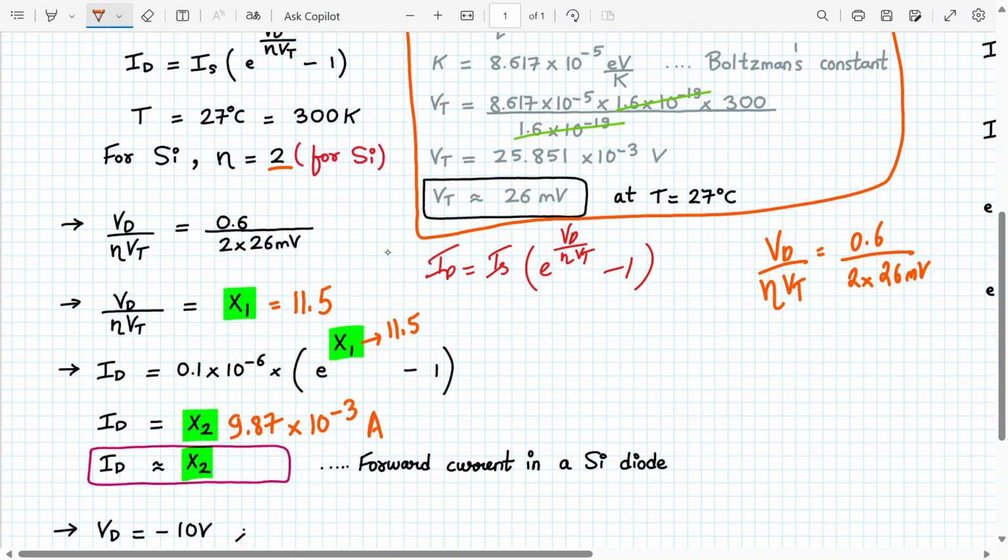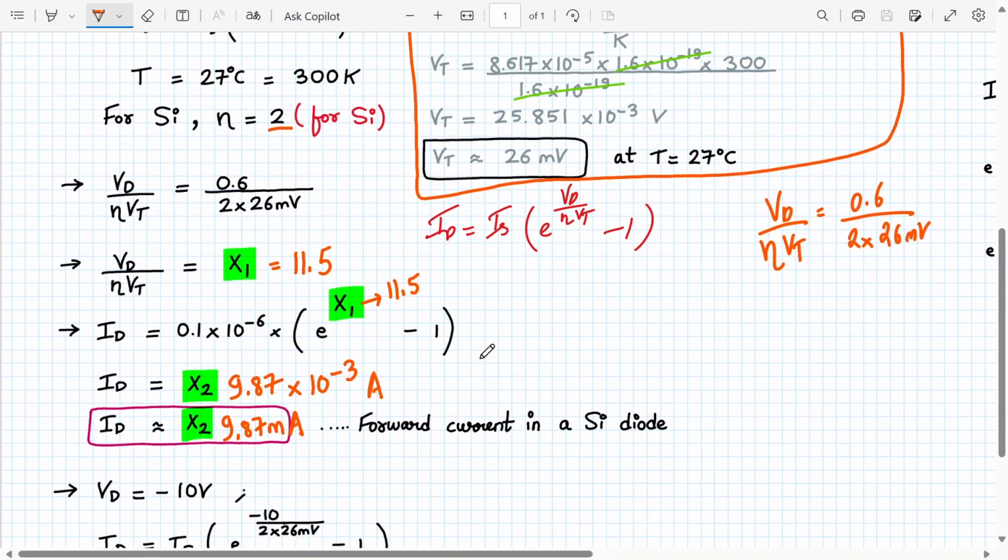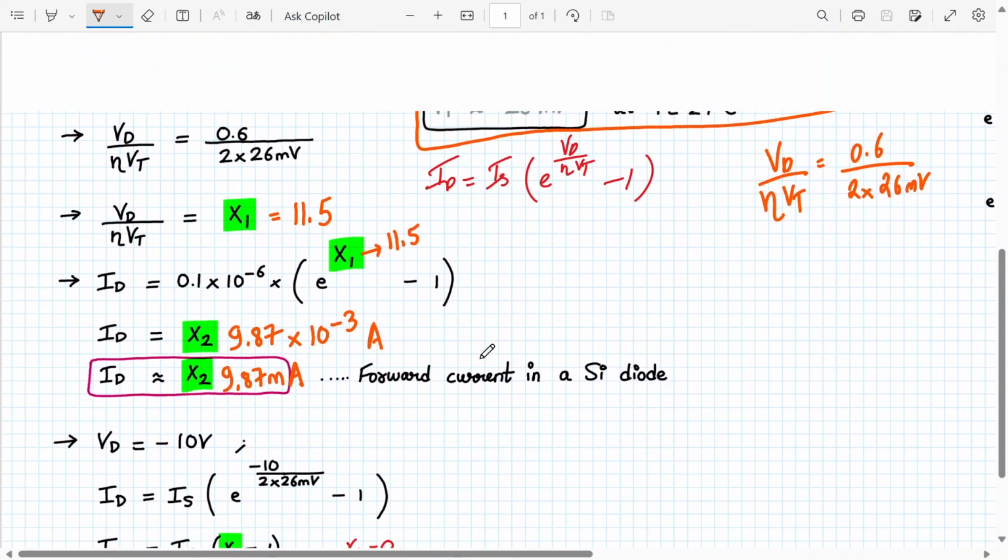So it's approximately 9.87 milliamperes, correct? Others are also getting the same answer? Yes. Okay, great. So that is your answer.